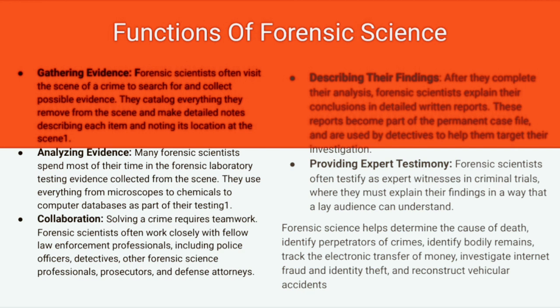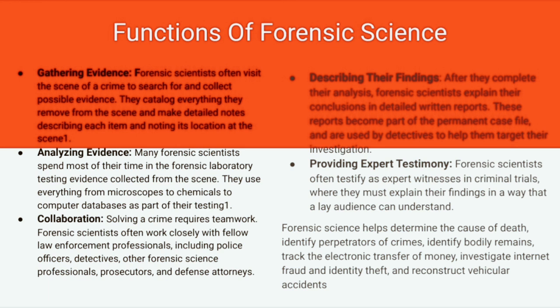Collaboration. Solving a crime requires teamwork. Forensic scientists often work closely with fellow law enforcement professionals, including police officers, detectives, and other forensic science professionals, and prosecutors and defense attorneys. Describing their findings. After they complete their analysis, forensic scientists explain their conclusions in detailed written reports.